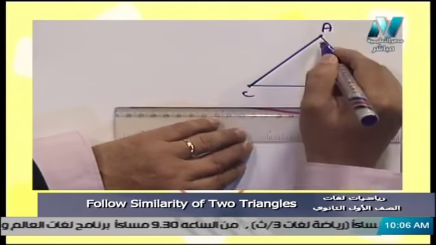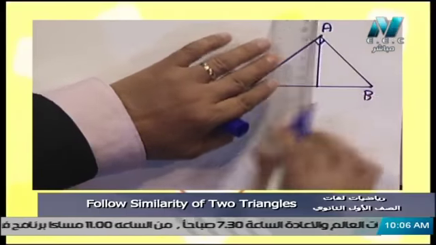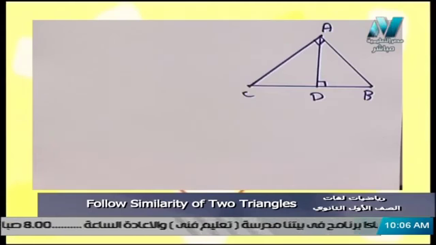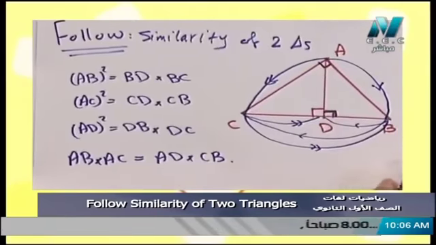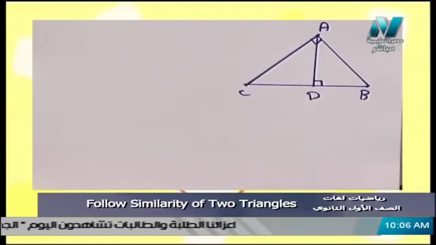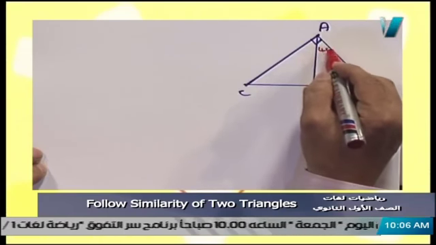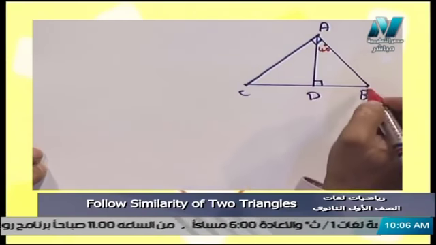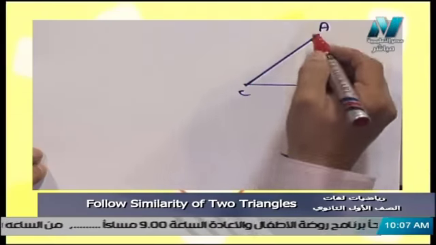ABC is a right angle triangle at A, and we draw AD perpendicular to CB, and we want to prove these 4 rules from it by using similarity. Okay. If we consider that measure angle BAD is 40 degrees, and measure angle BAC, of course, is 90, so measure angle DAC will be 50.